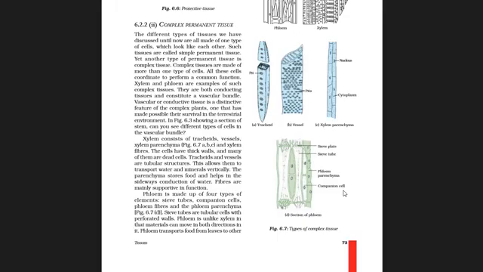Simple permanent tissue is made up of only one type of cell. Yes. Complex permanent tissue is made from more than one type of cell. The body structure is complex in case of complex permanent tissue.